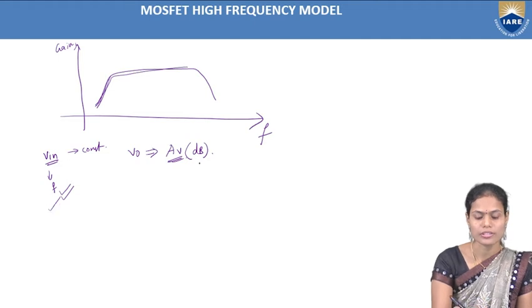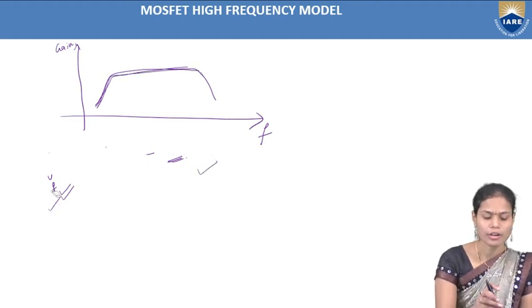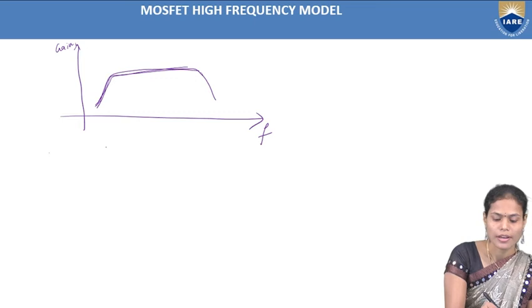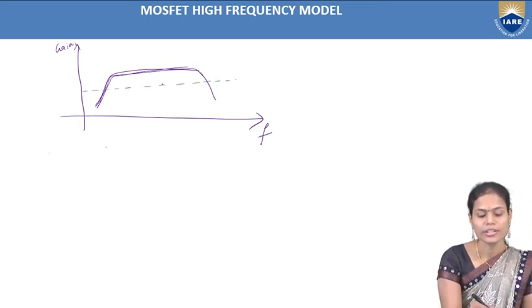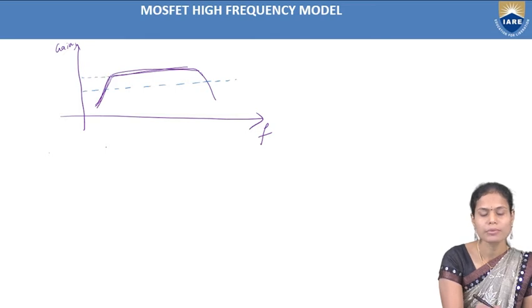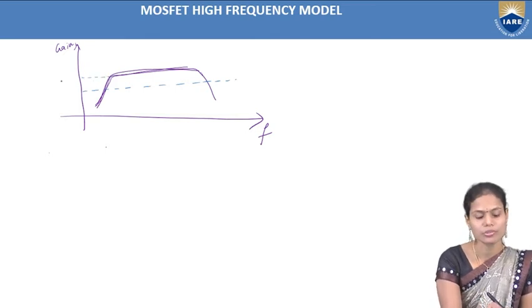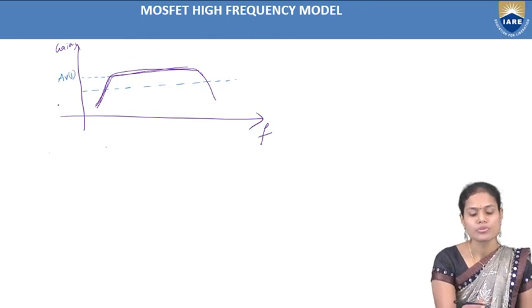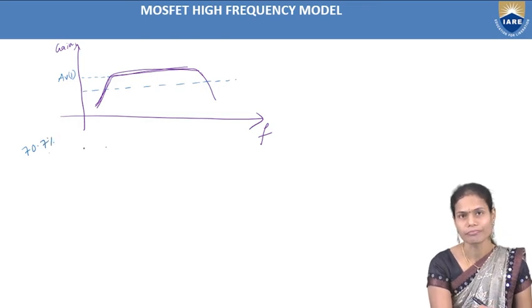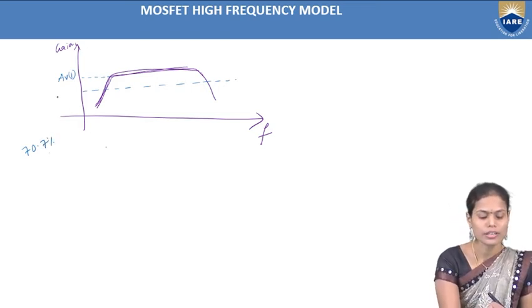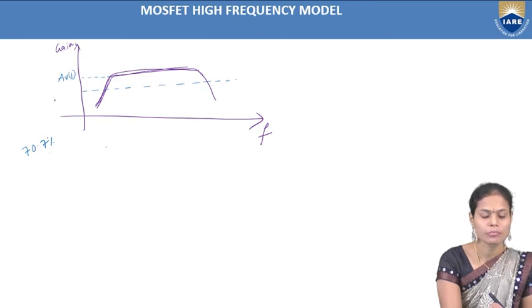For different frequencies, how much gain we are getting. And upon this curve, I am drawing one line. What this line indicates: suppose this is the maximum gain we are getting from the amplifier circuit, that is AV, almost it is 1. So where the gain is falling to 70.7% of its maximum value, that value we are considering here. If it is 1, we will get it as 0.707.